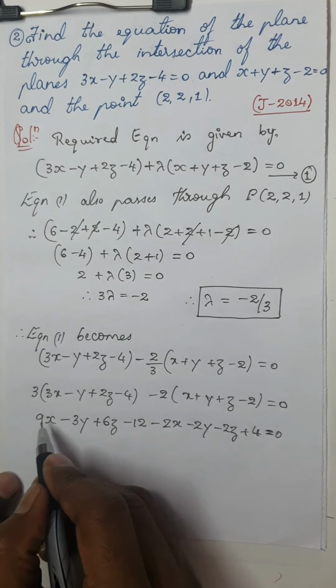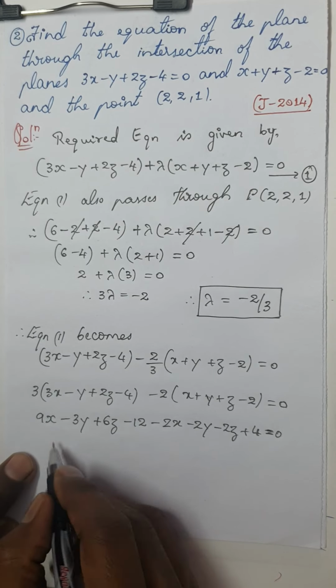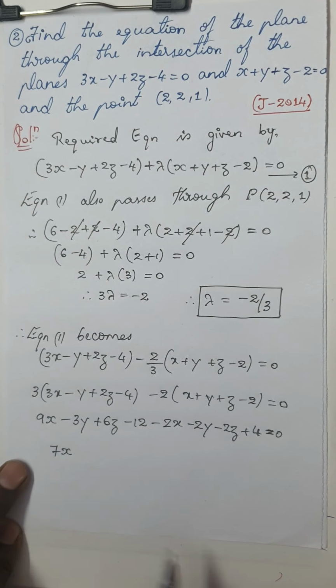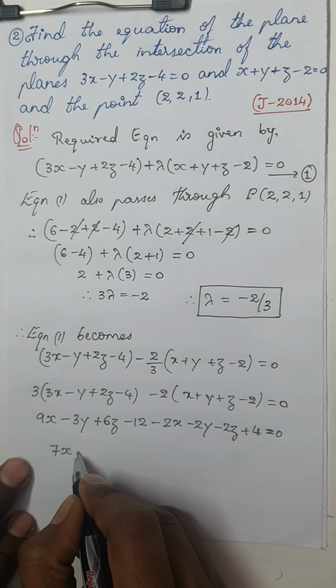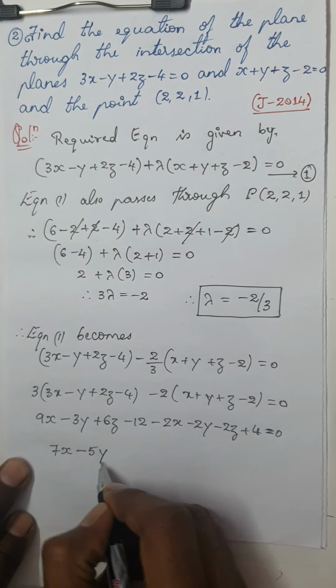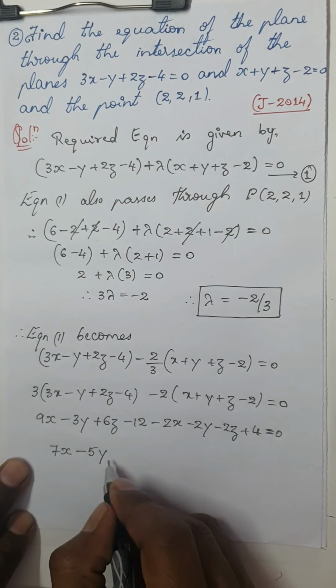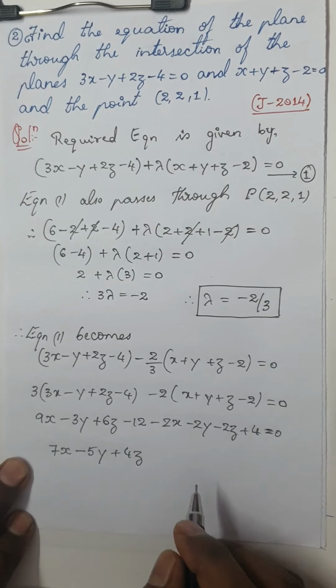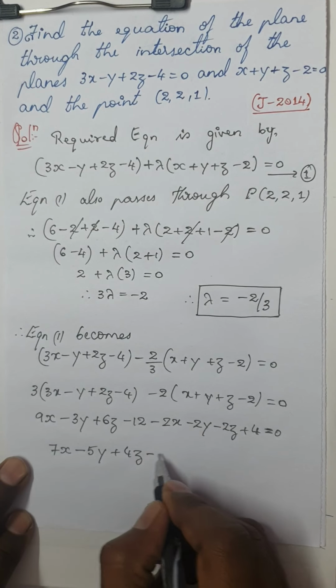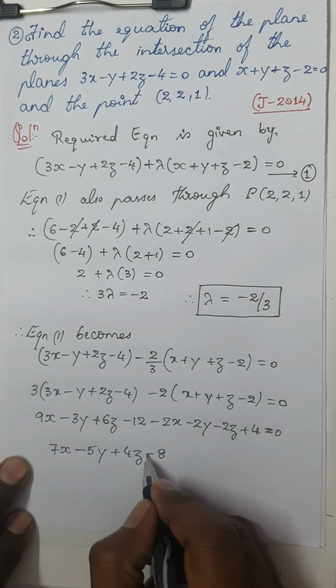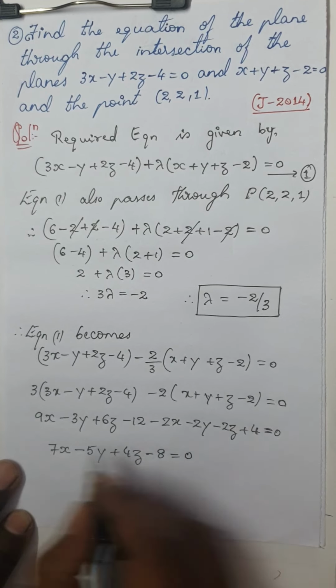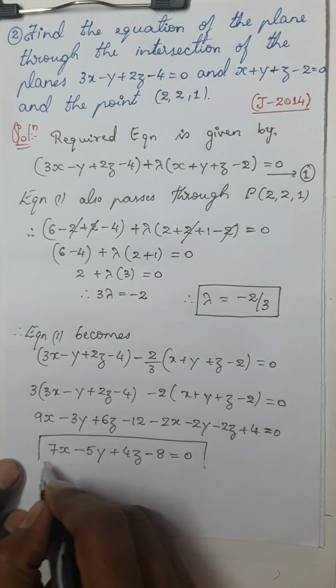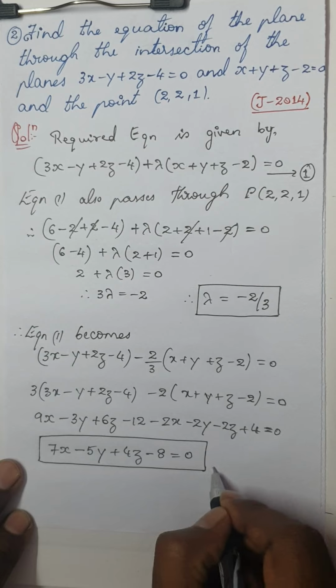Okay, so this is nothing but 9x minus 2x would be 7x. So minus 3y minus 2y is nothing but minus 5y. 6z minus 2z is plus 4z, and minus 12 plus 4 is minus 8 is equal to 0. This would be my required equation.